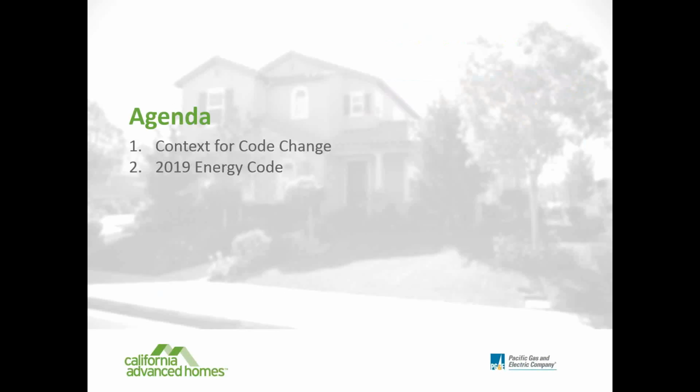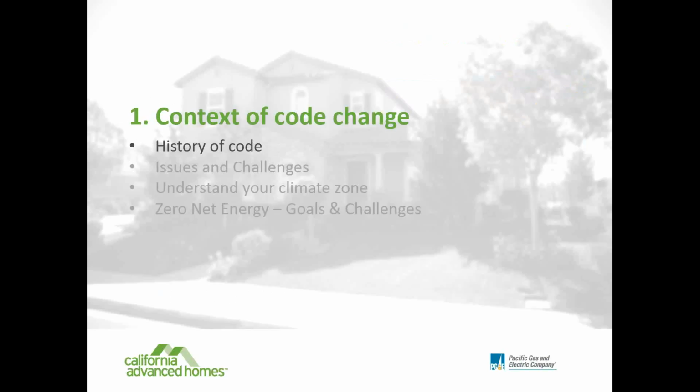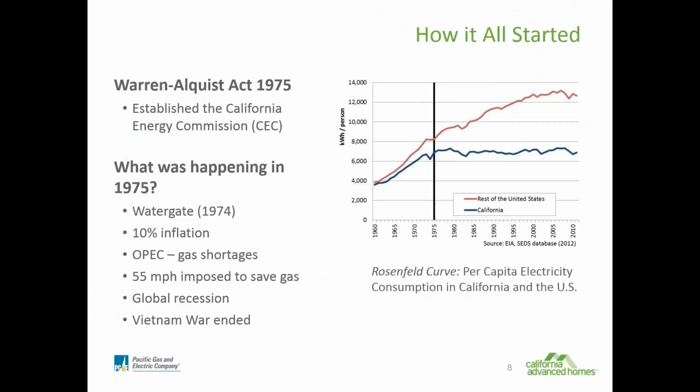All right. So when we talk code, I always like to give a little context for the code, what it is, why it is, and all the great work we've done so far, just to put things in perspective. If you listened to this 2 weeks ago, it's going to be a repeat. If you didn't, it'll be new. So just a little history of the curve of the code.